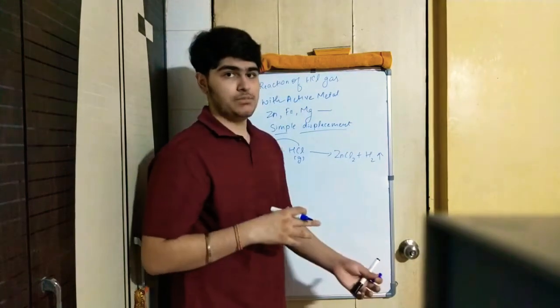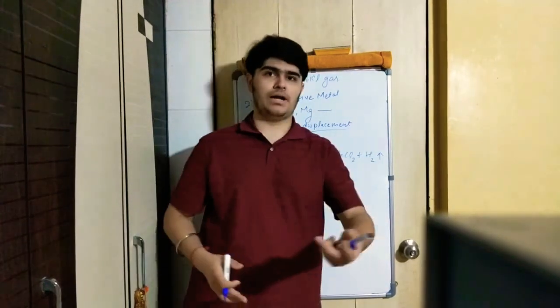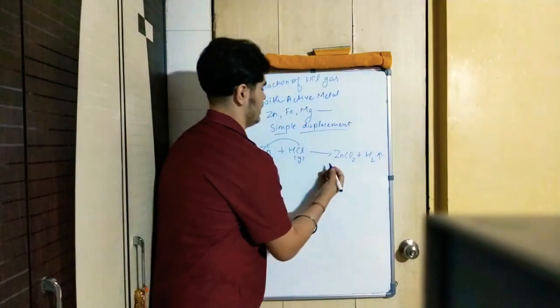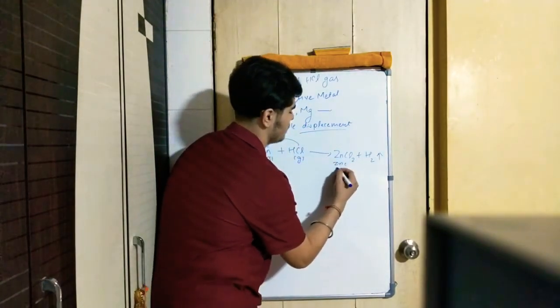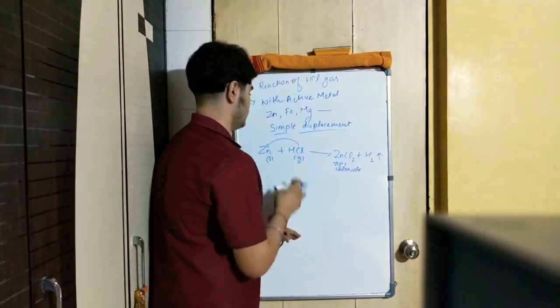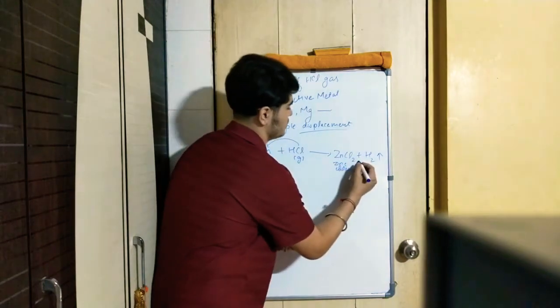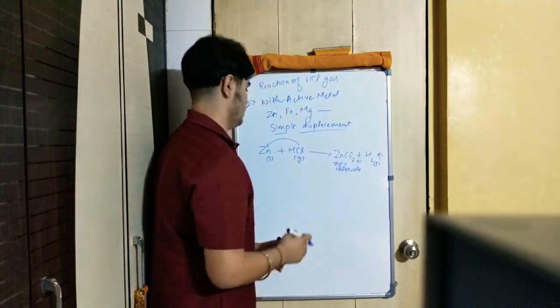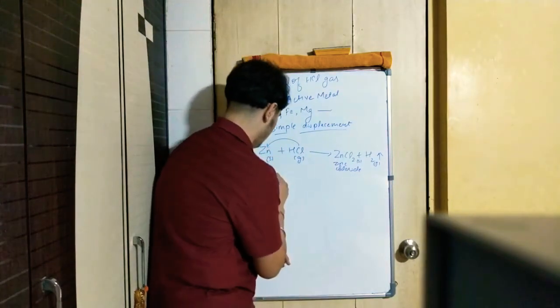And what is a double displacement? There is an interchange of two ions. So this was the first reaction. This is zinc chloride. H2 gas is evolved. This is gaseous. This is again solid. This is again gas. So what happens with Mg?